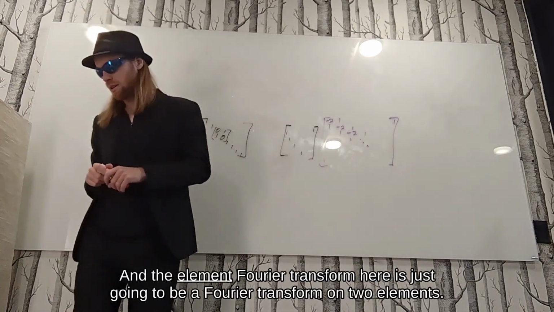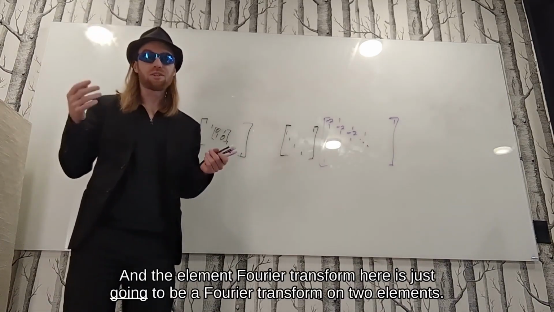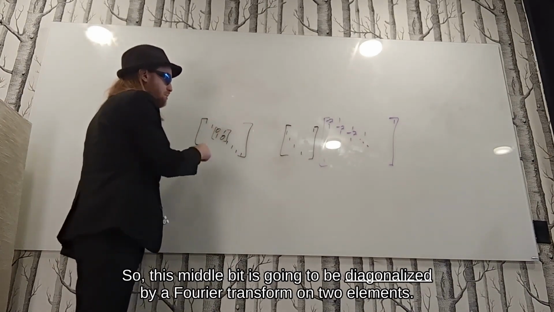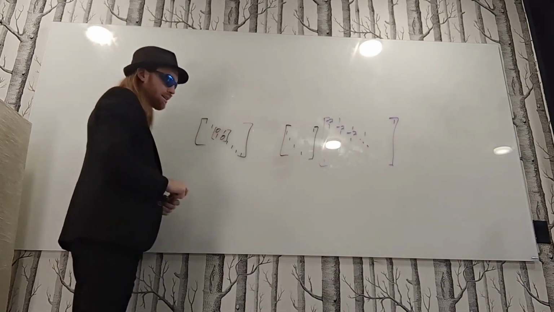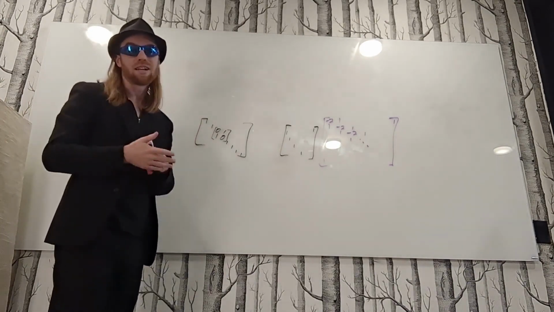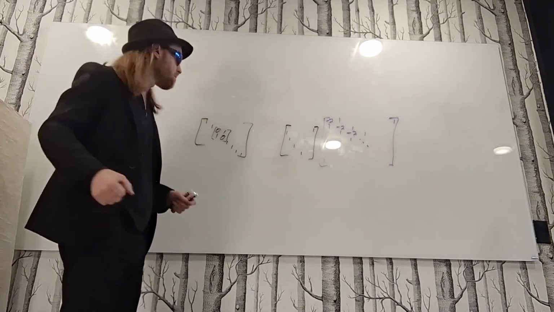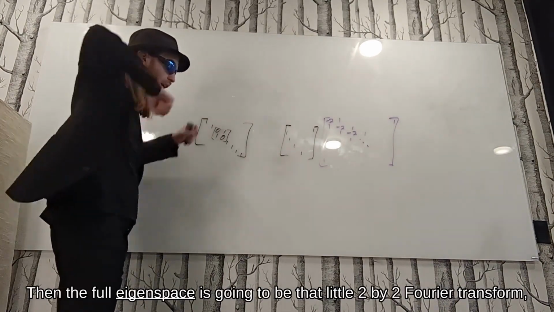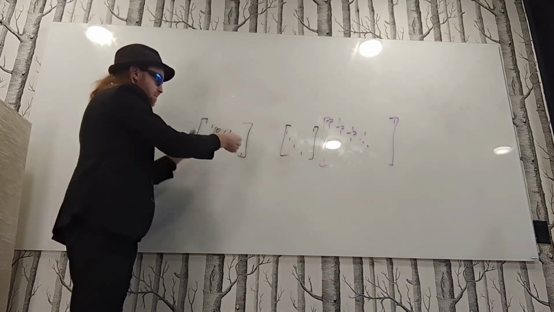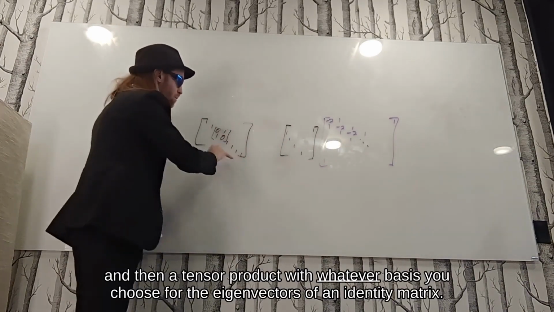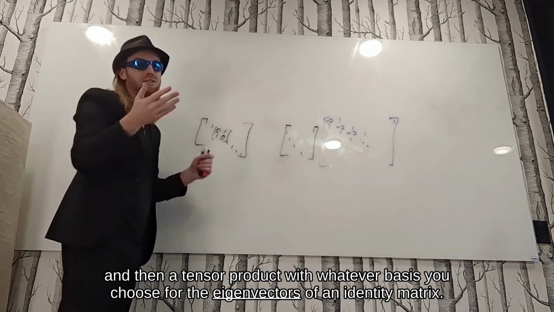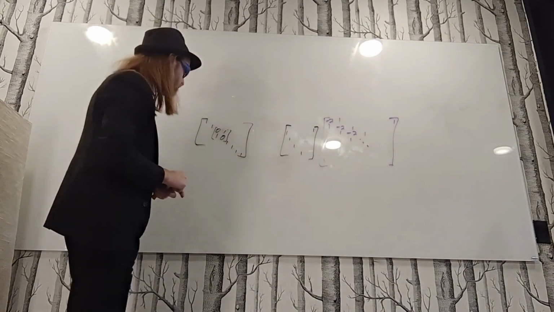And the relevant Fourier transform here is just going to be a Fourier transform on two elements. So this middle bit is going to be diagonalized by a Fourier transform on two elements. Its eigenvalues are going to be 1 and minus 1, as you'd expect, the two second roots of unity. Then the full eigenspace is going to be that little 2x2 Fourier transform, and then a tensor product with whatever basis you choose for the eigenvectors of an identity matrix.